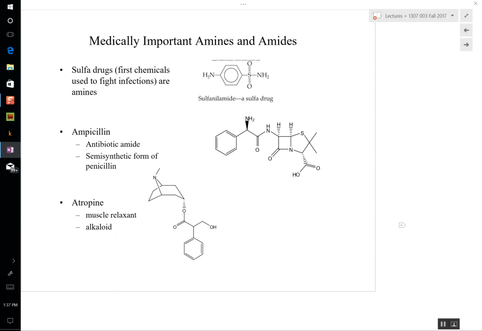There's an amine on a sulfur, and all of that is on aniline. So here's your aniline in the name, sulfanilamide. It's not an amide; instead of a carbon-oxygen double bond, you've got a sulfur-oxygen double bond.